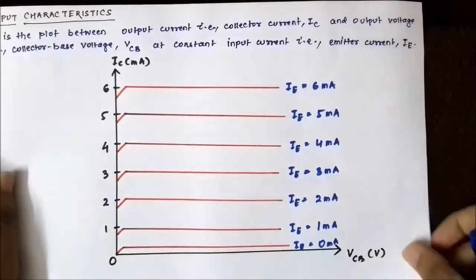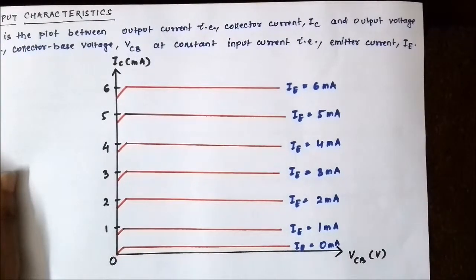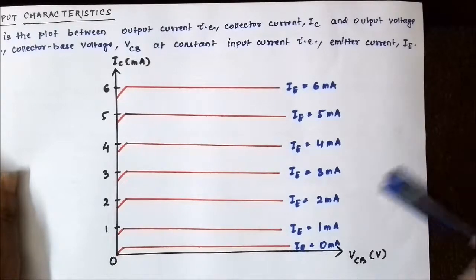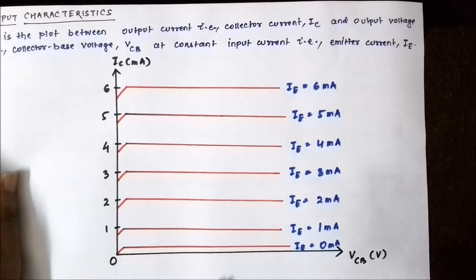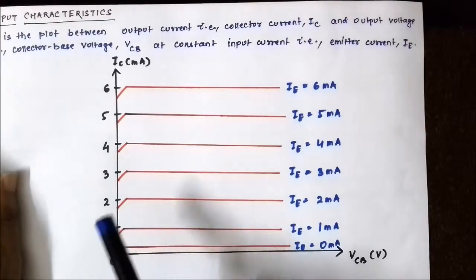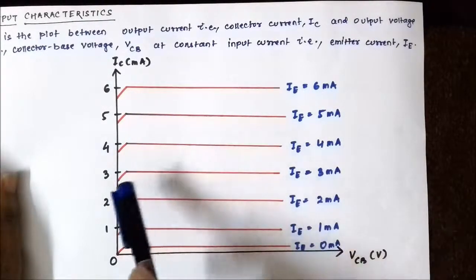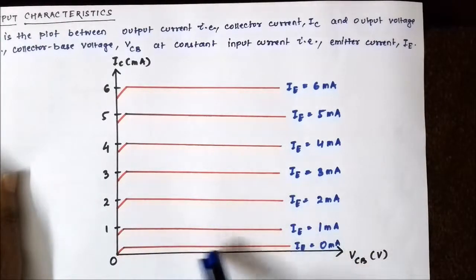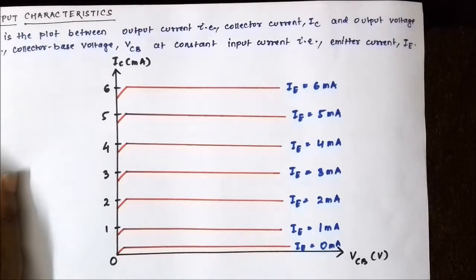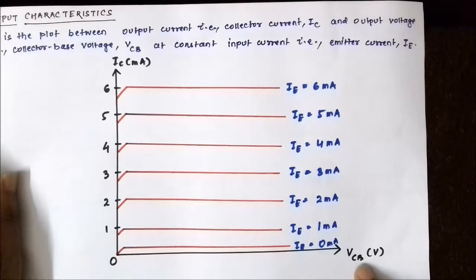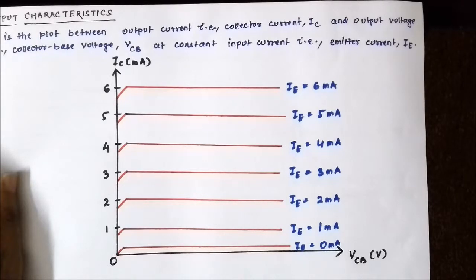Only up to the collector base voltage of 1 volt or less, the collector current shows some change with respect to change in collector to base voltage. But beyond that 1 volt point, the collector current becomes constant, flat. It shows no change with increase in collector to base voltage. That is, it totally becomes independent of collector to base voltage.